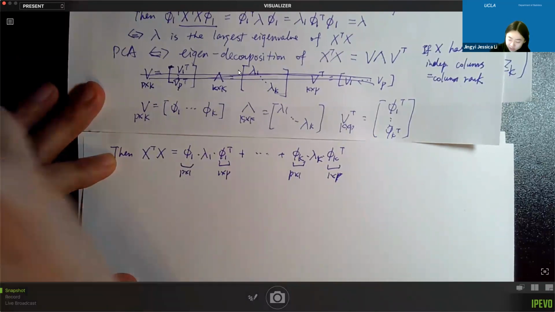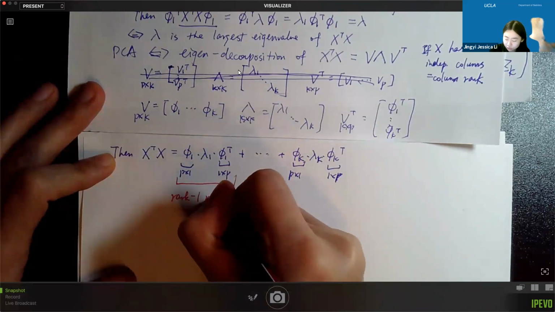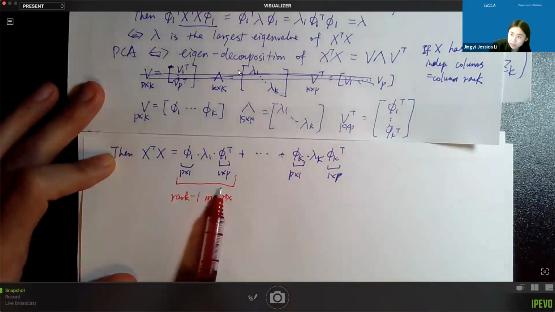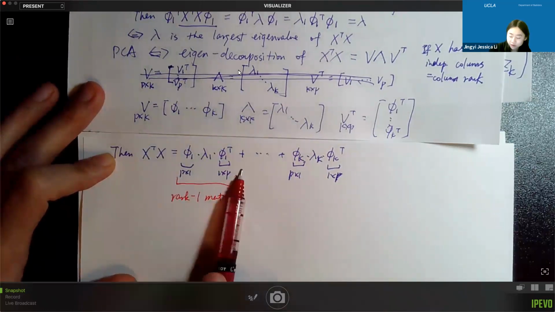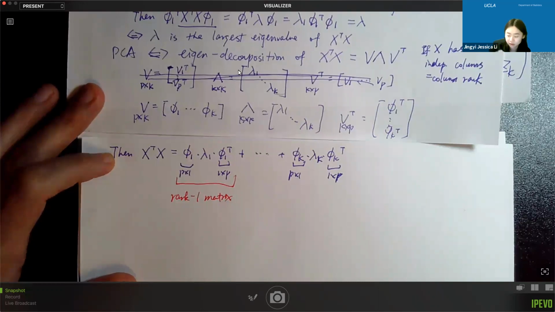So here we're doing this outer product, and sometimes in machine learning, you will see people call this a rank 1 matrix. Even though you get a P by P matrix out, if you verify it, this matrix has only column rank equal to 1 and row rank equal to 1. In other words, each column is just a linear multiplier of another column, and each row is also a linear multiplier of another row.